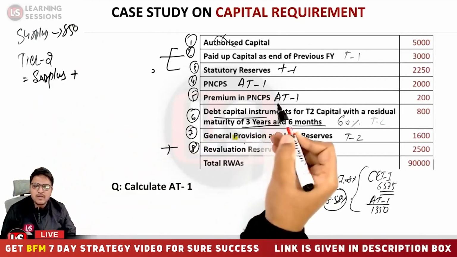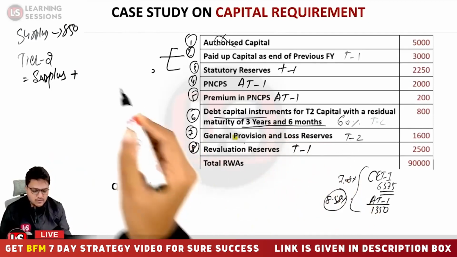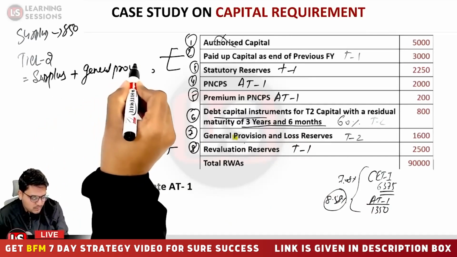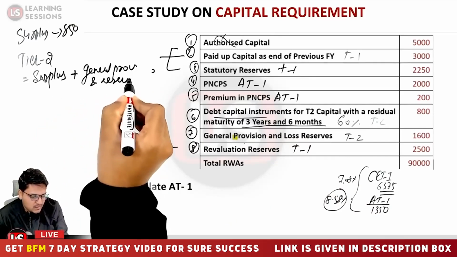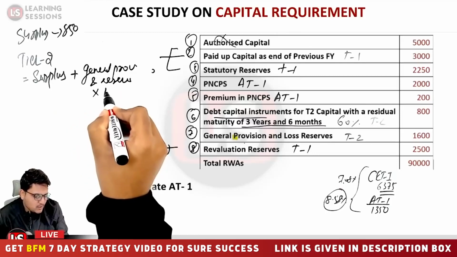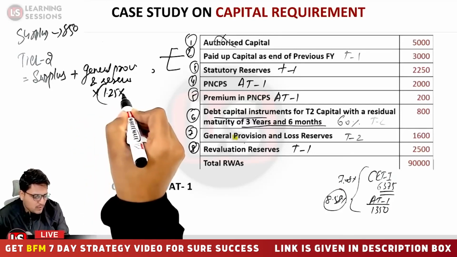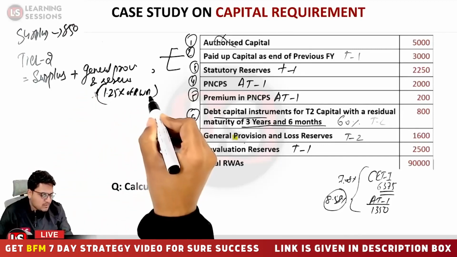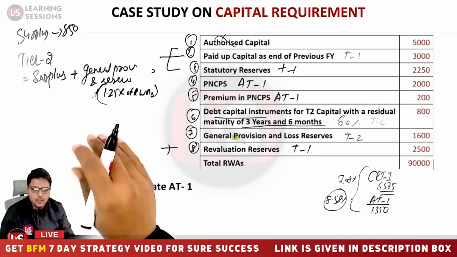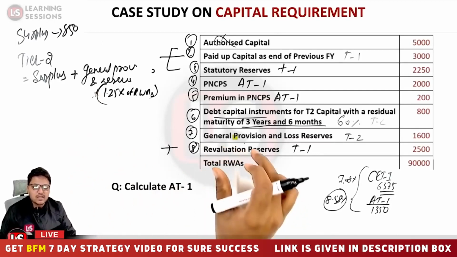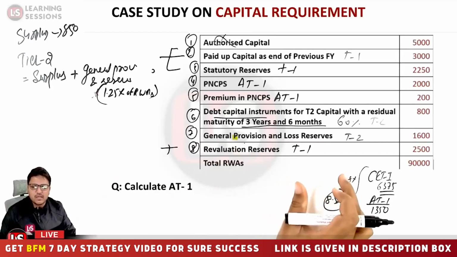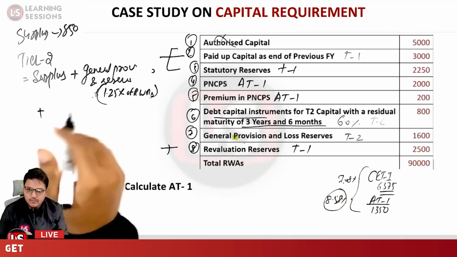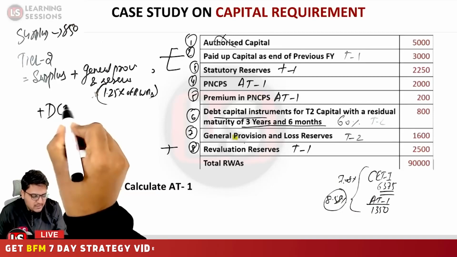Plus the general provisions and reserves, but these are restricted to 1.25% of the total risk-weighted assets. Plus the debt capital instrument, I'm writing DCI over here.